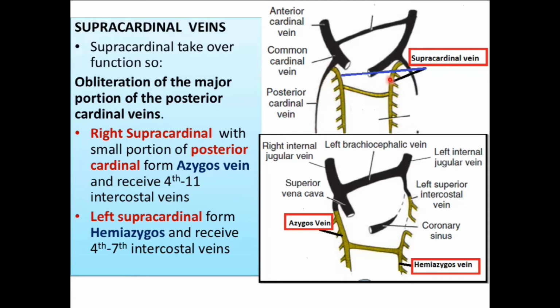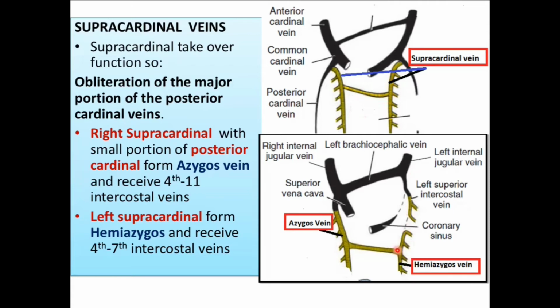Now on the left hand side, the left supracardinal will form the hemiazygos vein, which will receive the 4th to 7th intercostal veins, and the anastomosing channel is present in the adults, because you have seen and you remember that the hemiazygos vein communicates with the azygos vein.